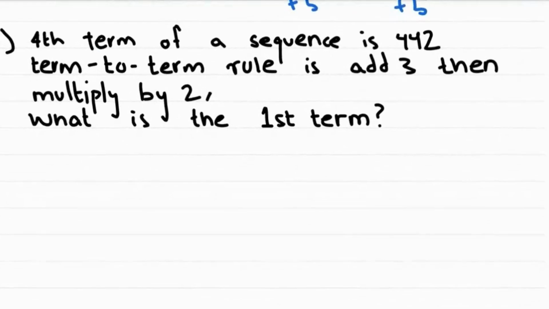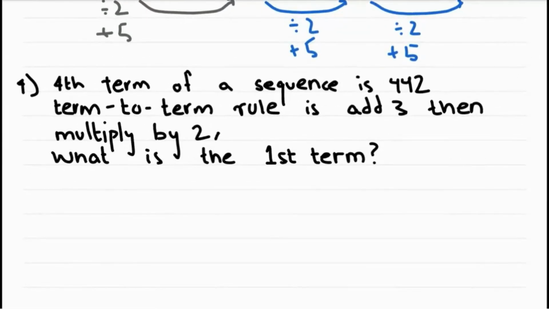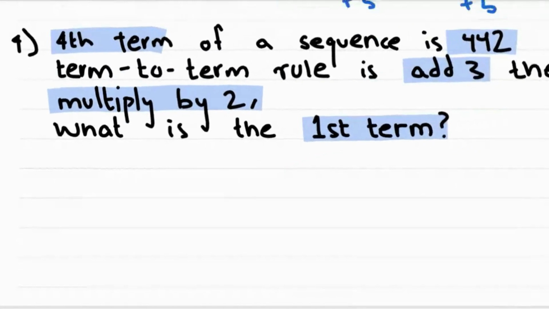Now looking at the last example we have here, they're saying that the fourth term of a sequence is 442, and the term to term rule is to add 3 and then multiply by 2. Now the question is, what is the first term? It's going to be in a few parts.